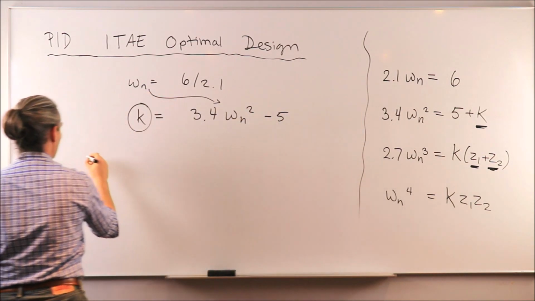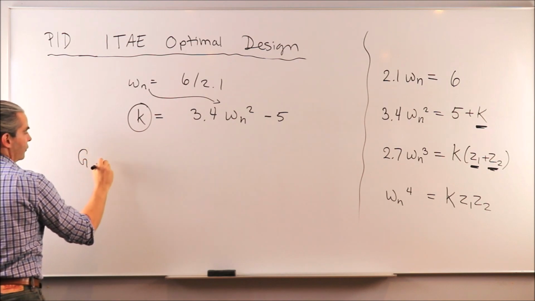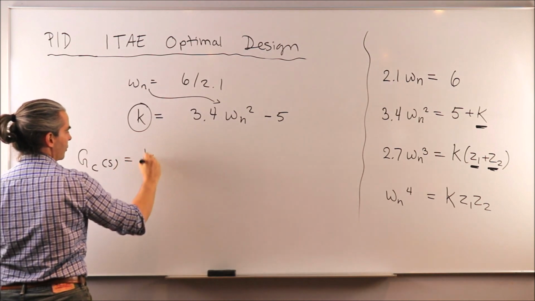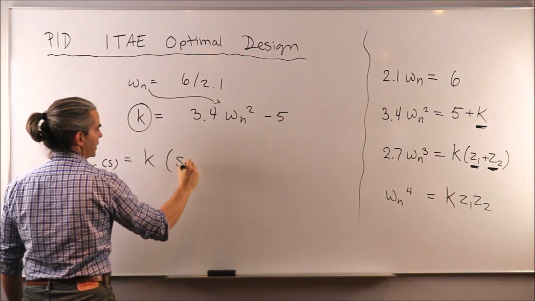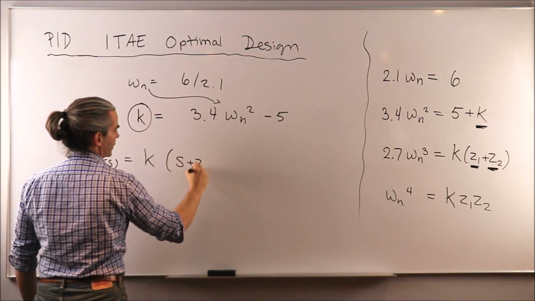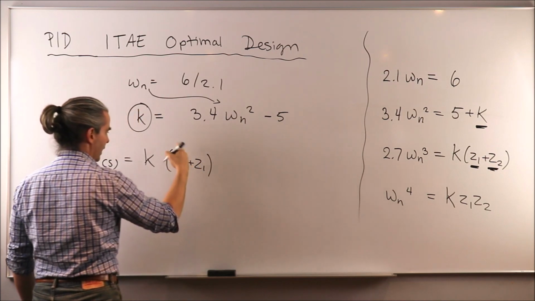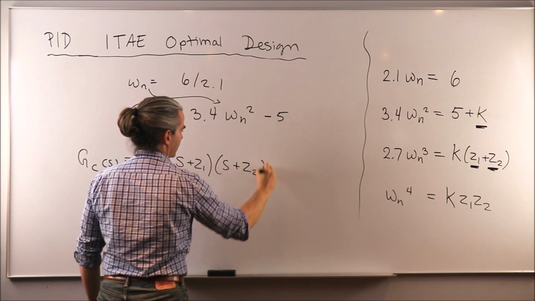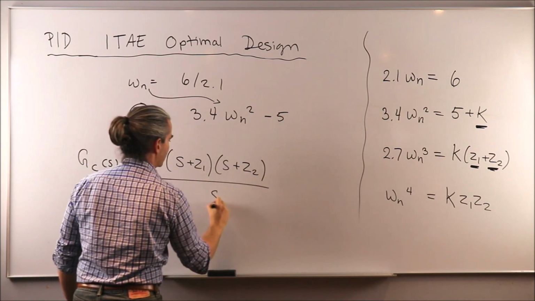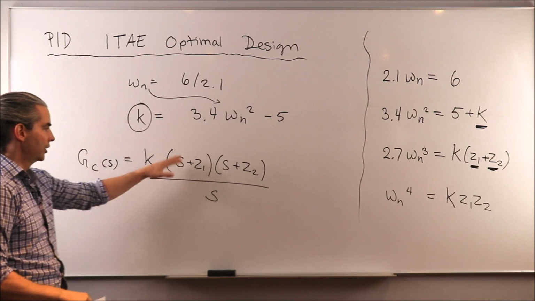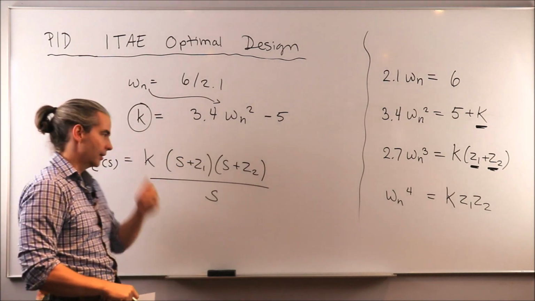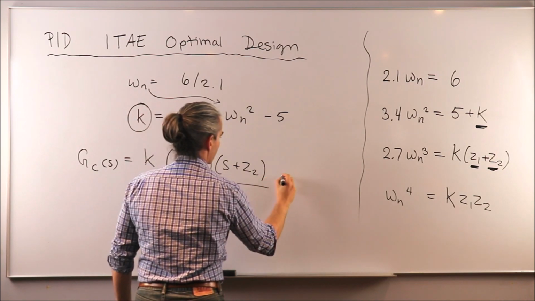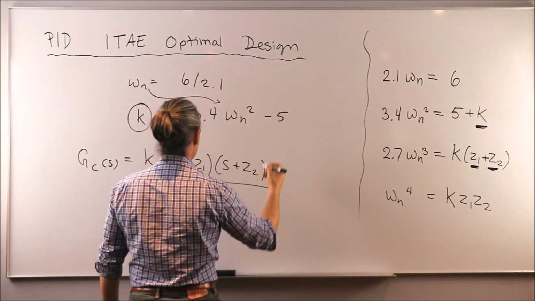Well, because if you go back to the form of our controller transfer function, which was k times s plus z1 times s plus z2 over s, this is a PID controller with two distinct zeros in the complex plane, as opposed to what we had previously.